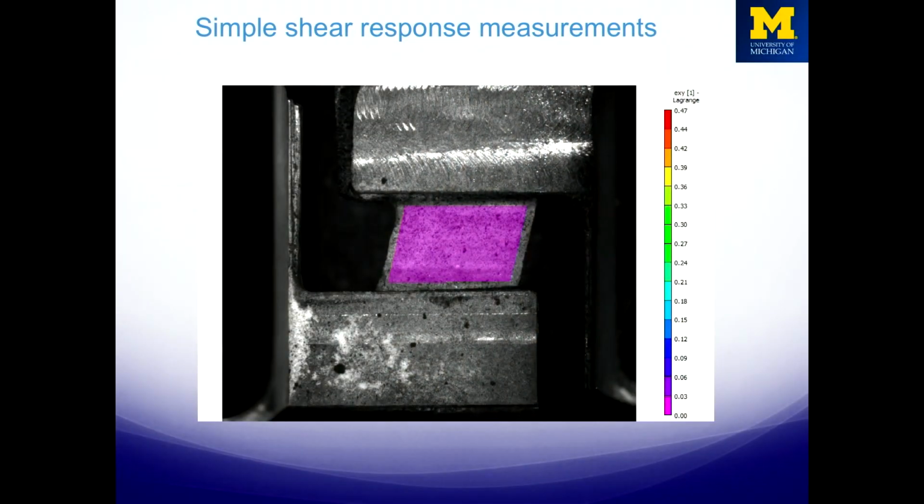So which one's right? Right? We don't know. So one way to get at that is to go back and see how well we capture the magnitude of our shear contours with these different models. But we were also interested in potentially trying to measure the shear response directly.